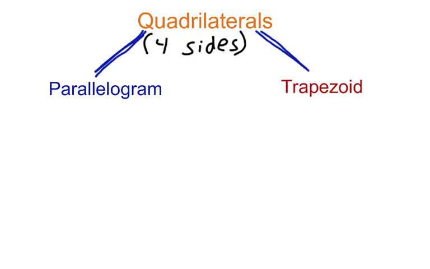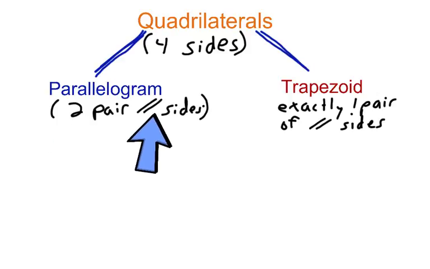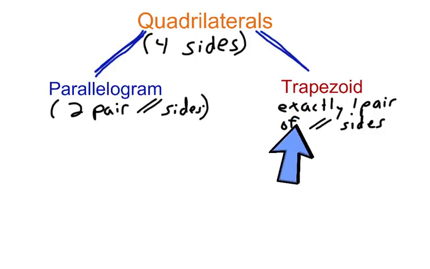And I have parallelogram and trapezoid written underneath. So parallelogram has two pair of parallel, that's our symbol, just like a slanted 11, so parallel sides. And trapezoid has exactly one pair of parallel sides.